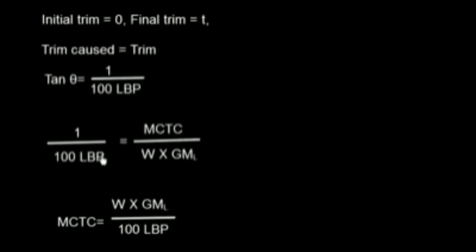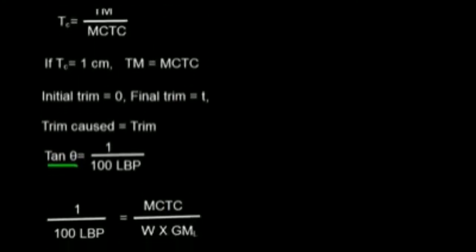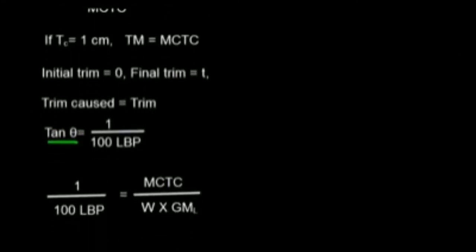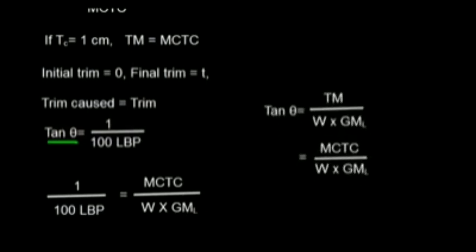Now this 1 by 100 LBP, that is tan theta, trim by LBP, is equal to GG1 by GML, which is MCTC by W into GML. This has come from the formula that tan theta is equal to trimming moment divided by W into GML, where trimming moment is equal to MCTC.